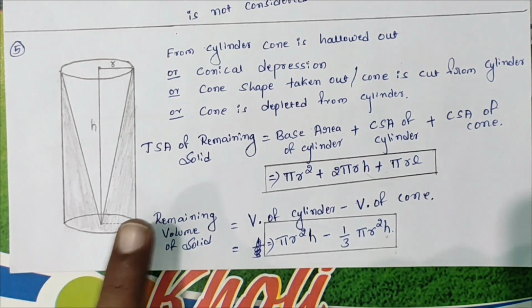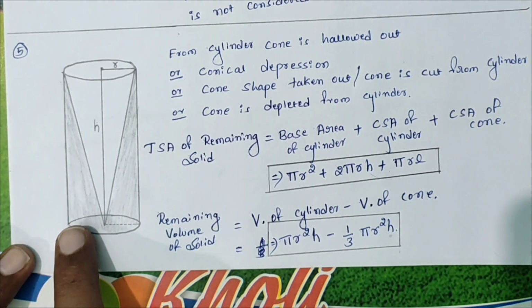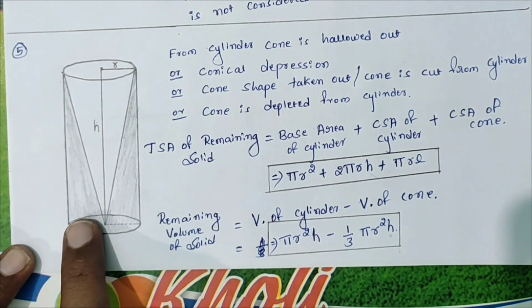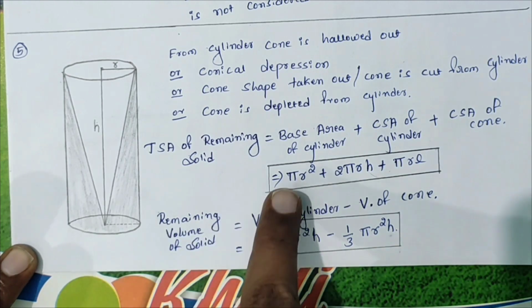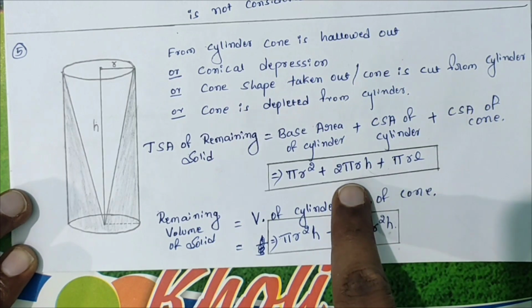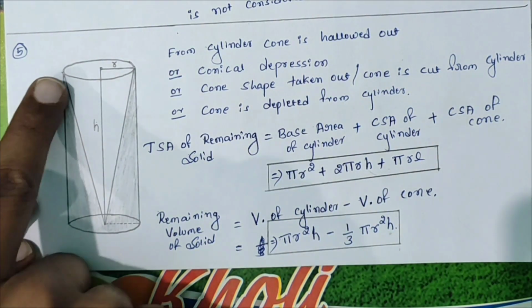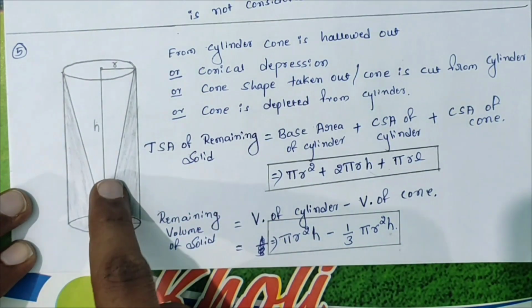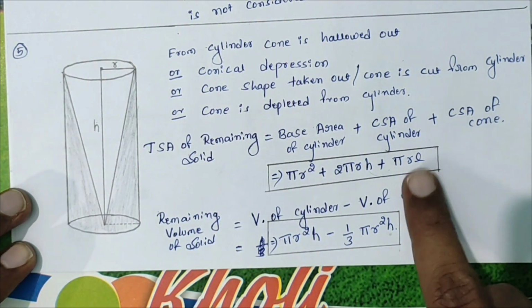And if we want to find the total surface area of the remaining solid, first I need to find the area of the base of the cylinder, that is in the shape of a circle, so it is pi R square. Then the curved surface area of the cylinder, that is 2 pi RH, and inside I also have the curved surface area of the cone, for that reason CSA of cone, that is pi RL.